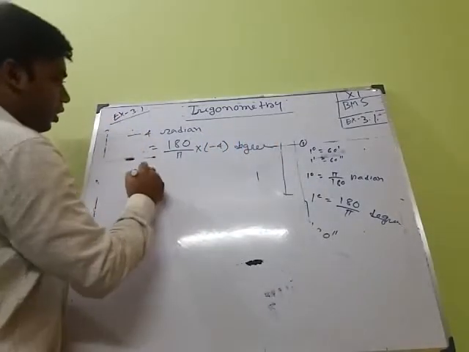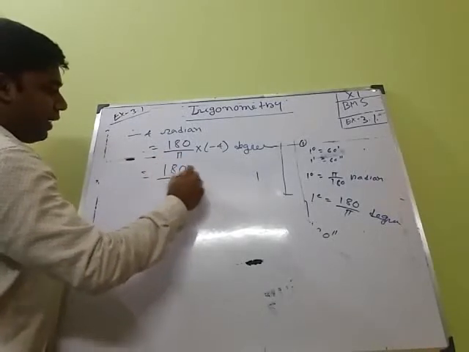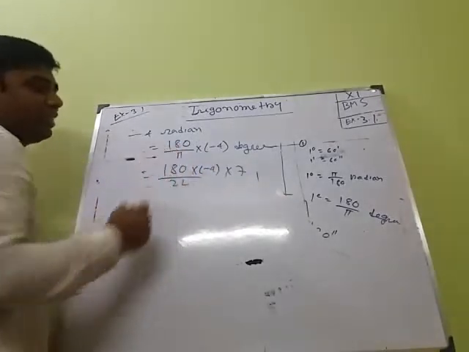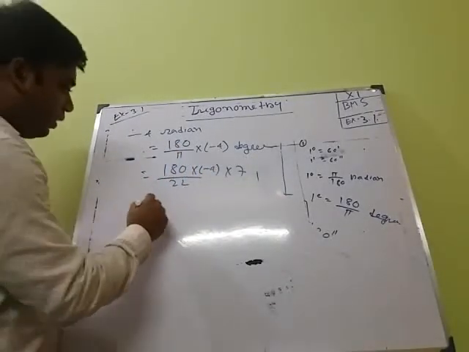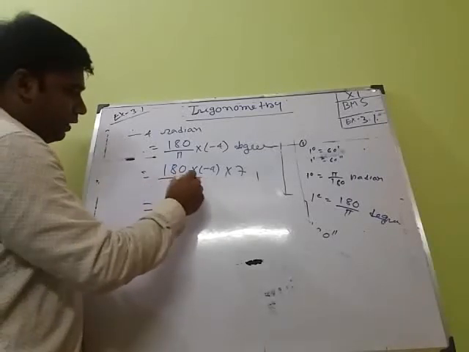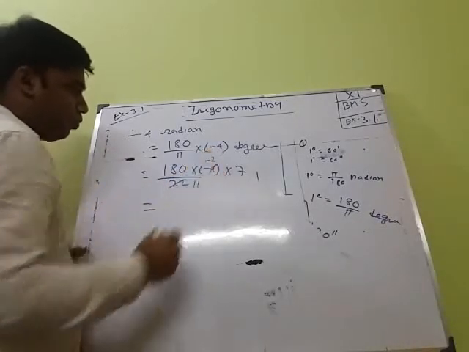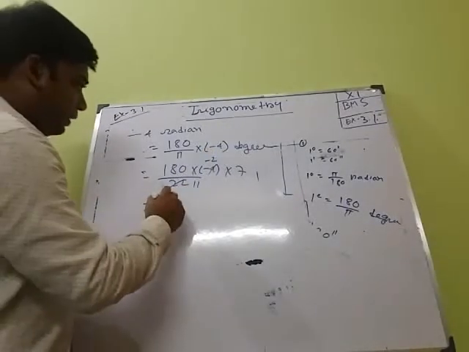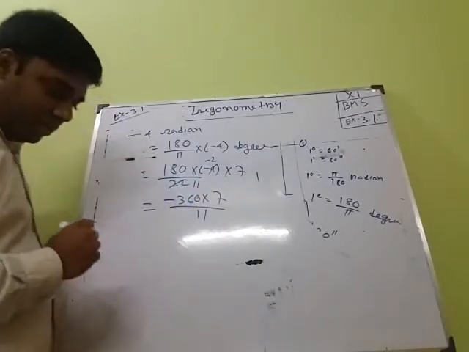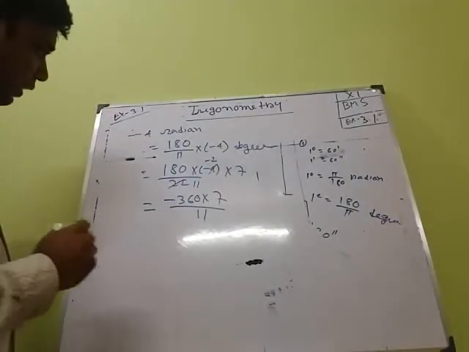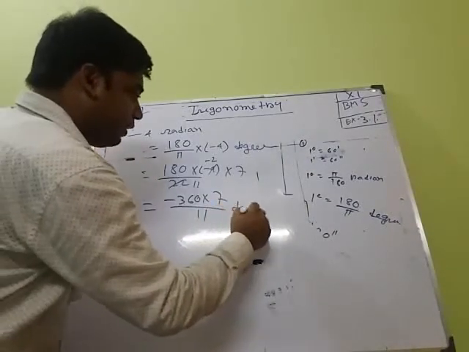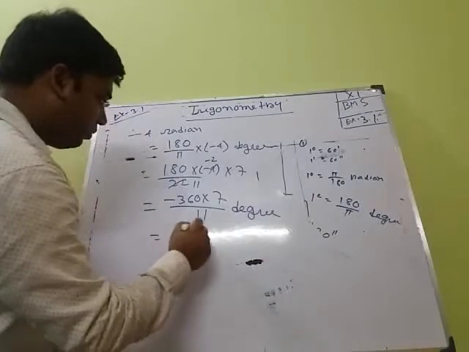Now 180 by 22 into minus 4 into 7, putting the value of pi as 22 by 7. Now if you multiply and reduce it, we get minus 2520 by 11, and its unit is degree.